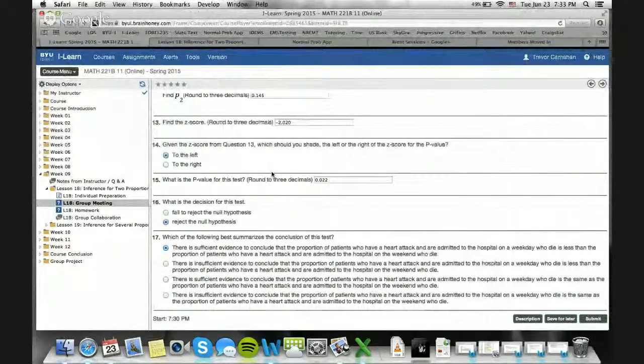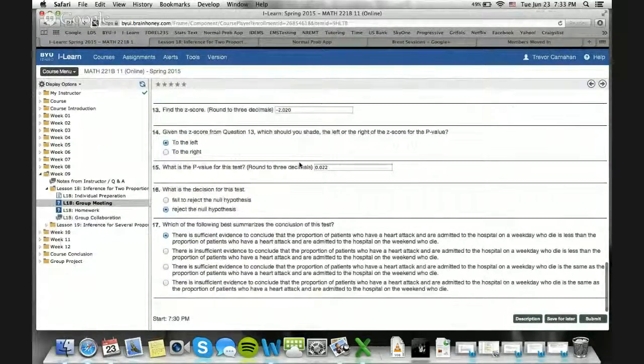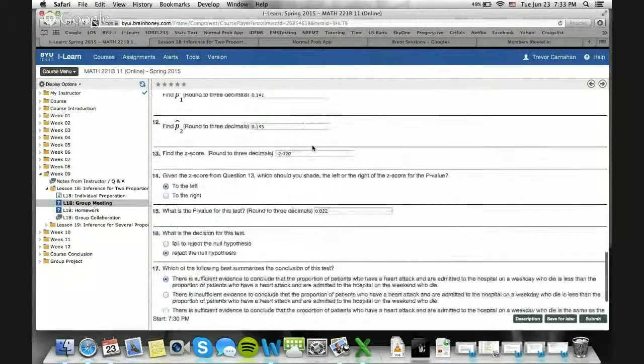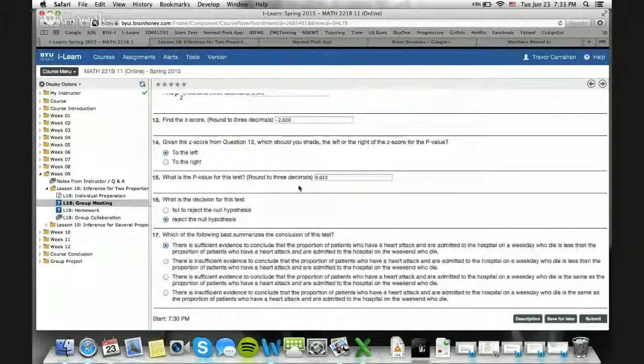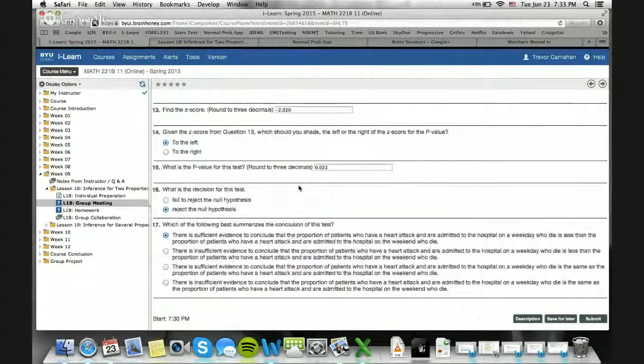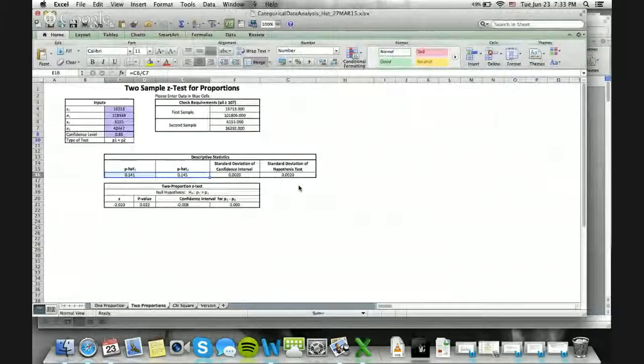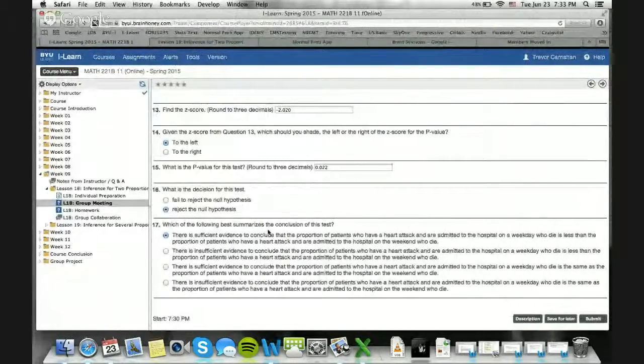And then it asked us to find, let's see here, less than, right? Yeah, to the left, plus it's a negative z-score. Then you put in the z-score, you get the p-value at 0.022. And this one's different than the top one.